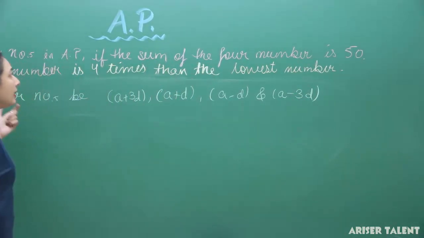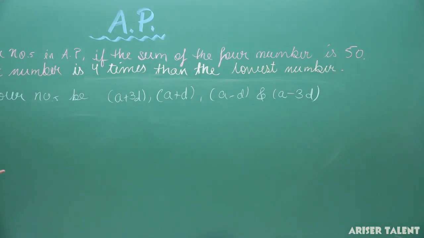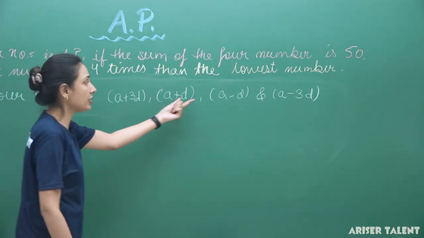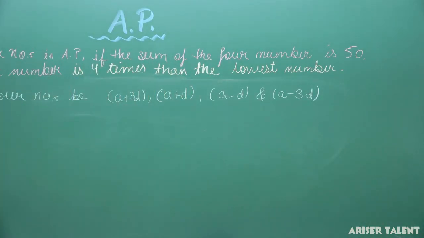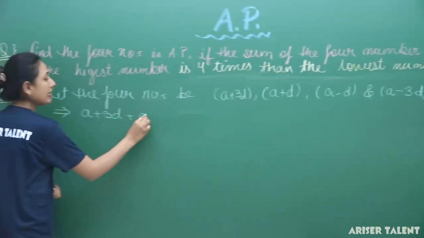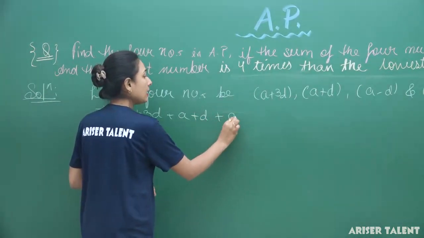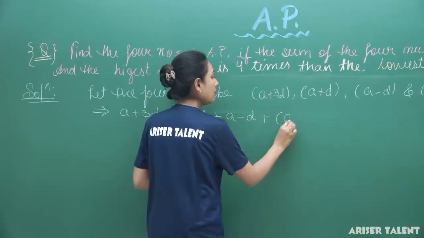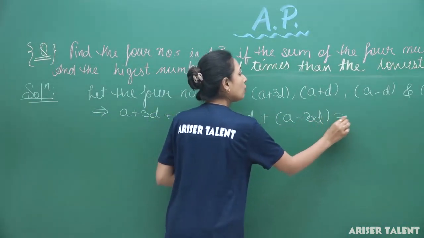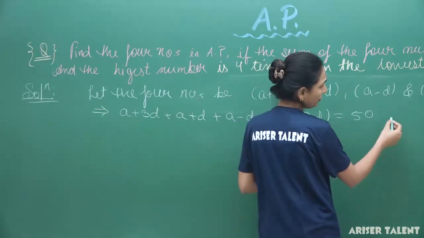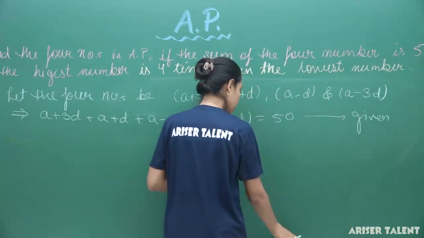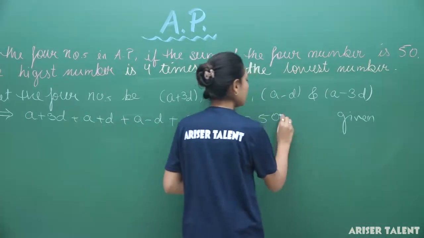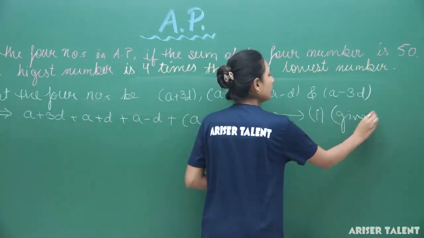Now it's saying the sum of the four numbers is 50. That means this plus this plus this plus this is equal to 50, right? So a plus 3d plus a plus d plus a minus d plus a minus 3d equals 50, given. Let's name it equation 1.